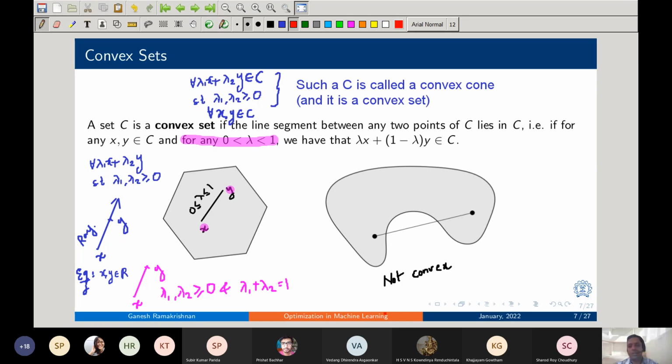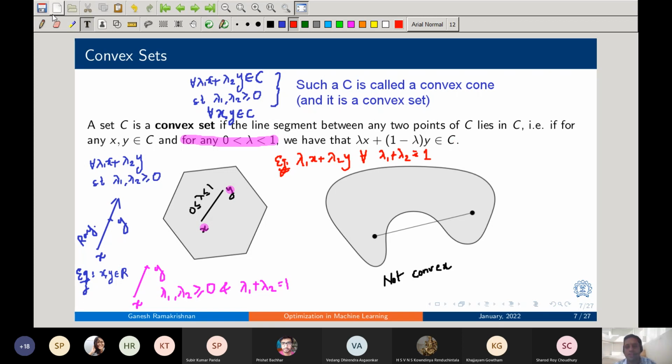Another example is, say, lambda 1 x plus lambda 2 y, where now I'm dropping the lambda 1 and lambda 2 greater than or equal to 0 constraint, and all I'm saying is lambda 1 plus lambda 2 equals 1. Is this a convex set? The answer should be yes. All I have done is drop the positivity constraint.